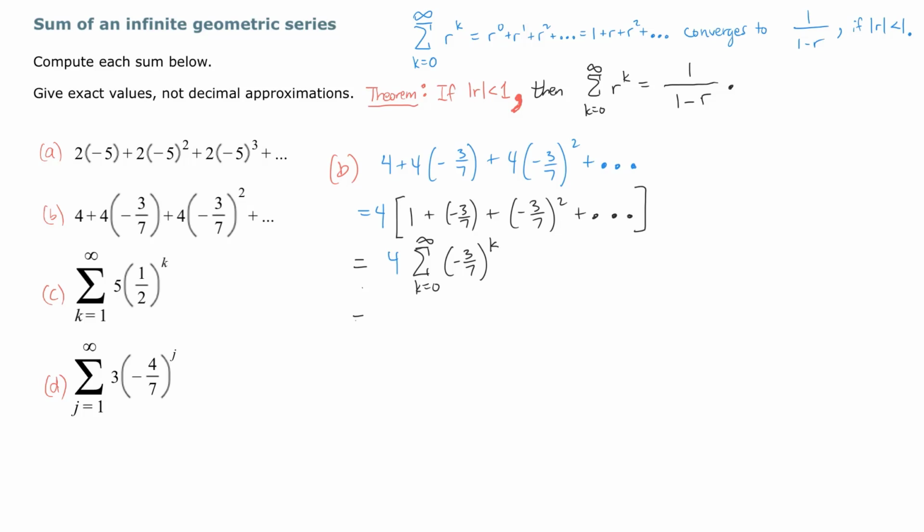We do know that this converges, so why don't we just keep writing? We're going to say 4 times 1 over 1 minus negative 3/7. We could certainly simplify this. I'm going to multiply by 7 over 7. Let's see what we get.